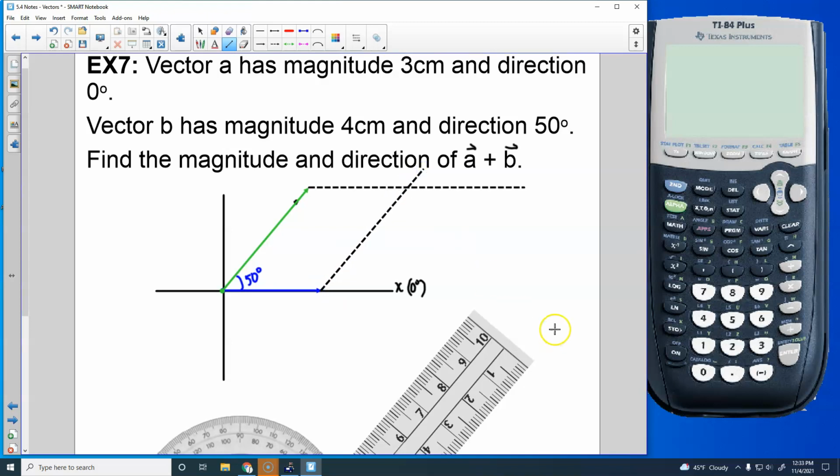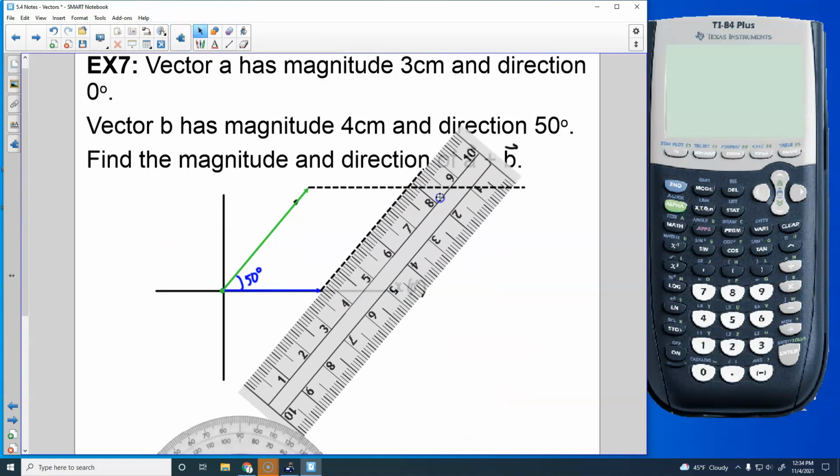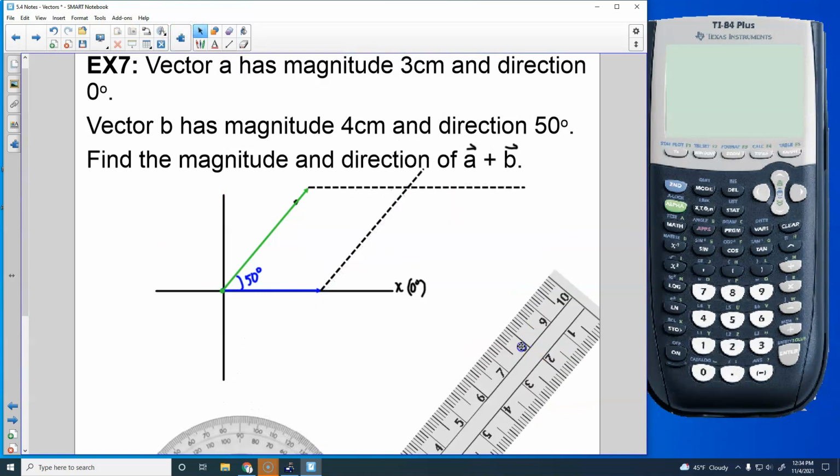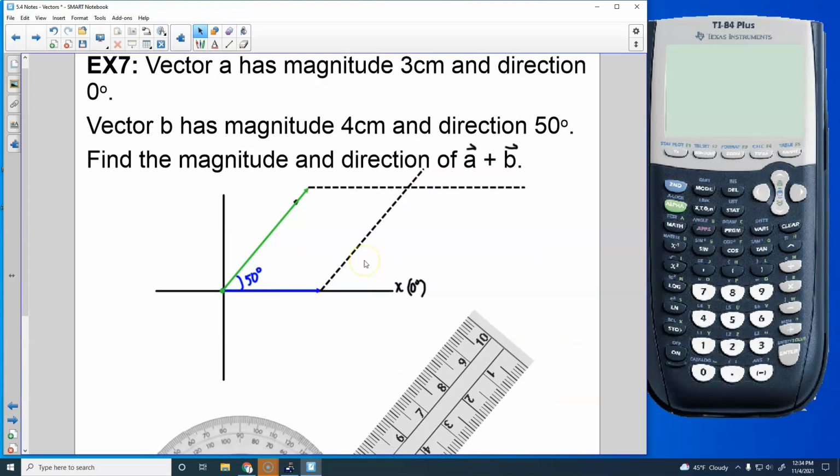I think that's pretty close right there. I guess you could use your ruler to make sure, well, that's pretty good, close there. Alright, now before I draw in my resultant, I want to think of a couple things because the angles are going to be a little tricky on this.